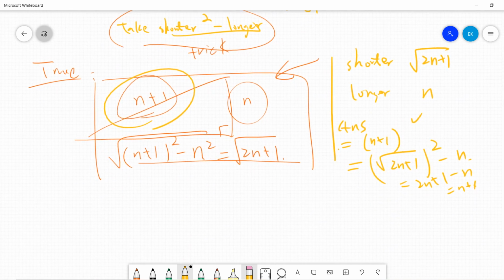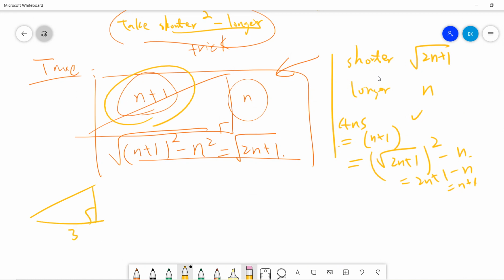Okay, so let's use this specific model to check the examples. The first is 3, 4, 5. From this model, we know that n is 4, and it's easy to check that the other side will be 5.